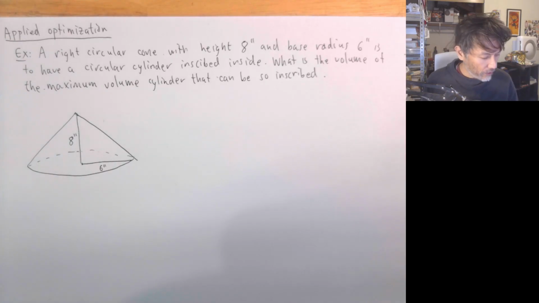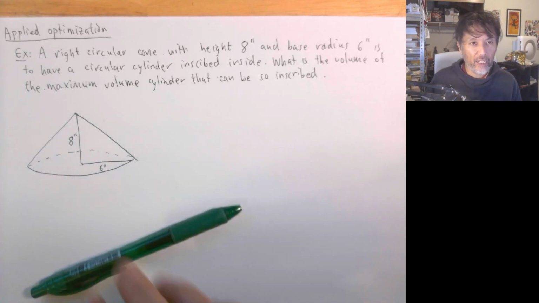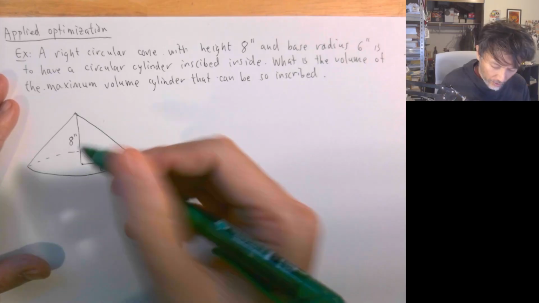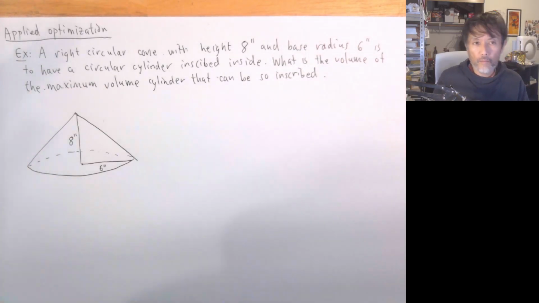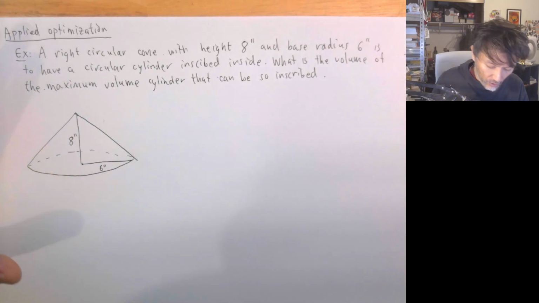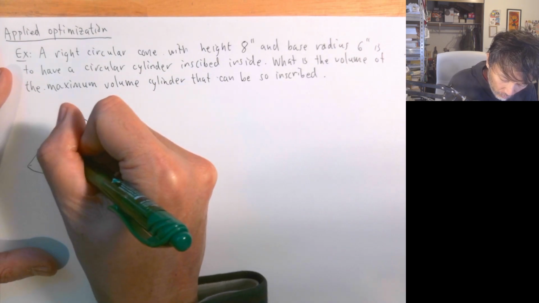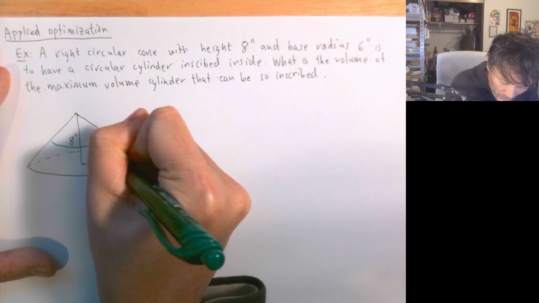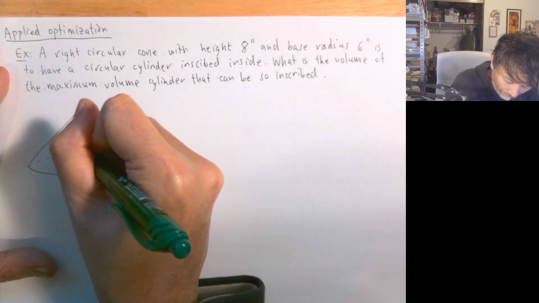Now inside of this cone, we are going to be inscribing a cylinder. So what does that look like? Well, first of all, there are many possible cylinders that we can inscribe into the interior of this cone. Here's one. I'm trying to be a little bit general about it.